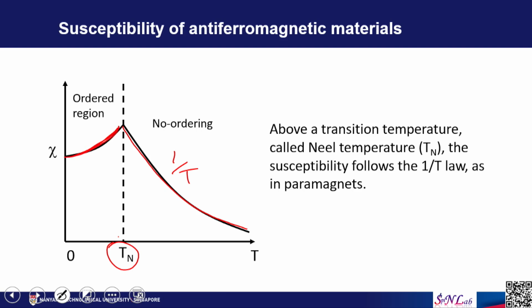You will see a peak in the susceptibility as a function of temperature. If you see a peak like this, it is an indicator of antiferromagnetism. So, I give you a piece of sample. What do you do? You go to the lab and measure the susceptibility as a function of temperature.